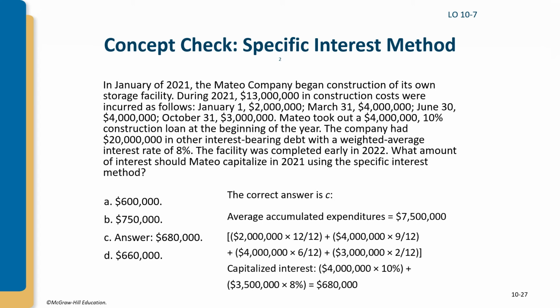The June 30th $4 million payment, only 6/12 is considered outstanding, or $2 million. The October 31st $3 million payment, that's only outstanding for 2/12. So we multiply the actual expenditure by the ratio of time it would have been outstanding for the year and add them up.